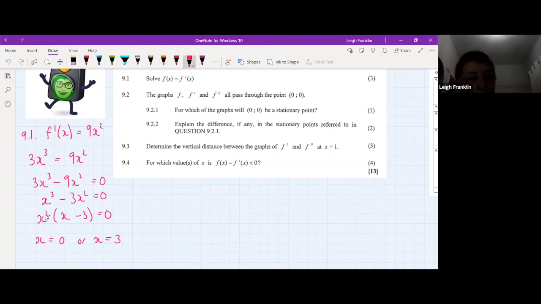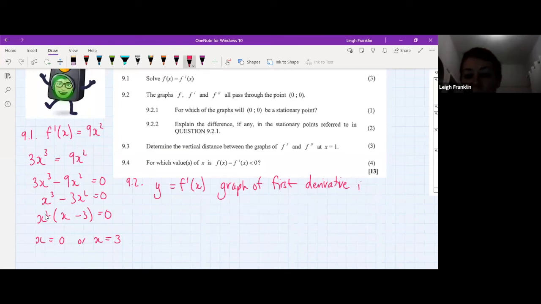In 9.2, the graphs f, f prime, and f double prime all pass through the points 0 and 0. In 9.2.1, for which of the graphs will 0 and 0 be a stationary point? What does the graph of f prime represent? It is the graph of the first derivative.